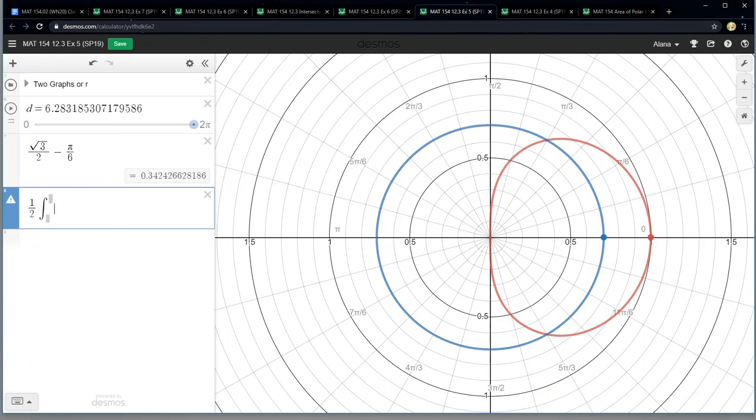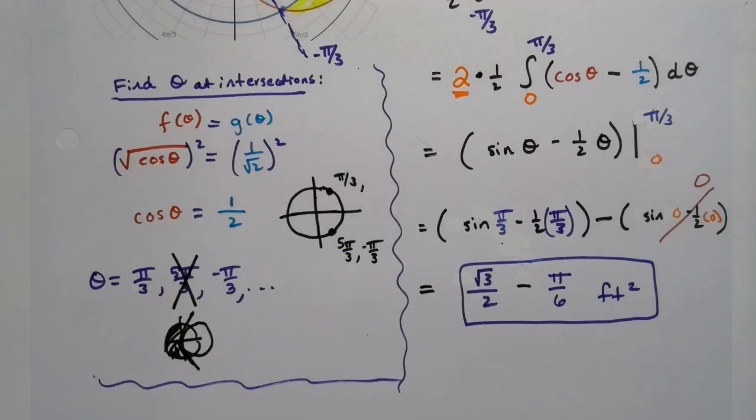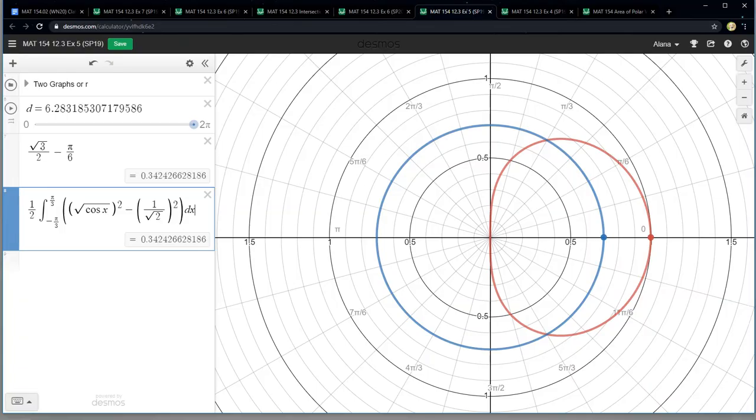So 1/2, from negative pi divided by 3 to positive pi divided by 3, of the square root of cosine of x squared minus 1 over the square root of 2 squared, dx. Sure enough, they're the same. So it does work out and verify in Desmos if I want it to. Oops, I forgot already. What was the decimal? 0.3424.